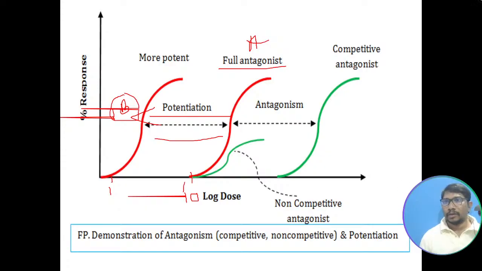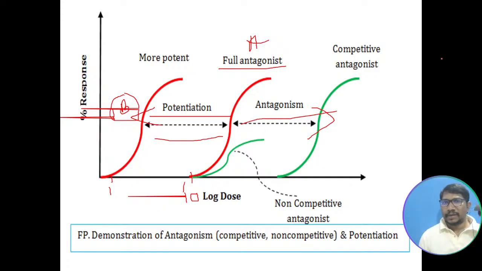And shifting of this log dose versus response curve towards the right side known as antagonism. Shifting of this log dose versus response curve towards the left side known as potentiation, and shifting towards the right side known as antagonism.